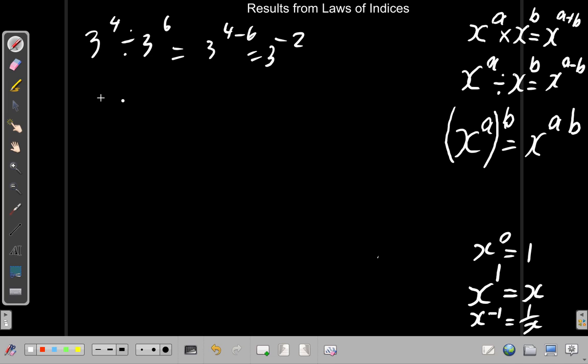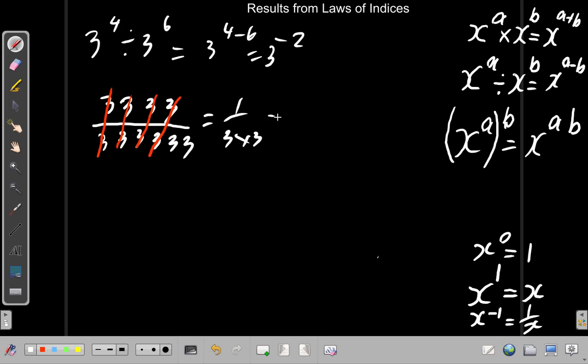Well, let's see. 3 to the 4 means you have 4 3's and they multiply each other. 3 to the 6 means you have 6 3's and they multiply each other. If you cancel down, you end up with this being 1 over 3 by 3, which is 1 over 3 squared. So therefore 3 to the negative 2 means 1 over 3 squared.